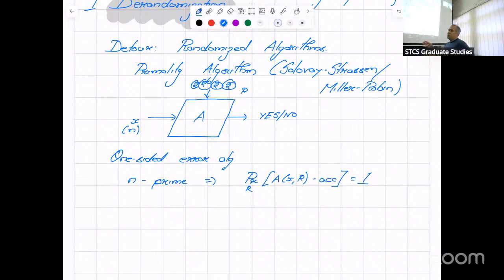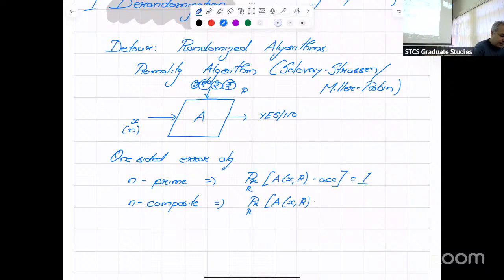Whenever it's a prime, these algorithms always accept. When n is composite, the probability over r that A(x,r) rejects, in this case you wanted to reject, did not happen all the time. It happened, say, only with probability half. This was a feature of both the Miller-Rabin and the Solovay-Strassen algorithm. If you have seen the algorithm, these are one-sided error algorithms.